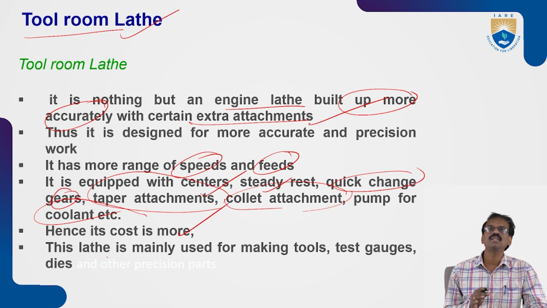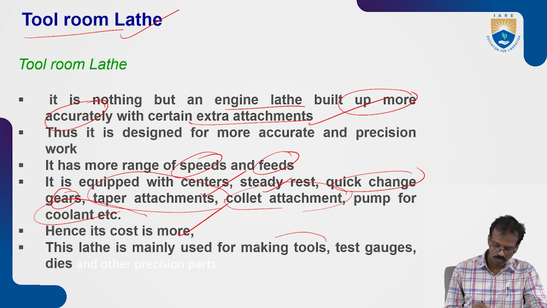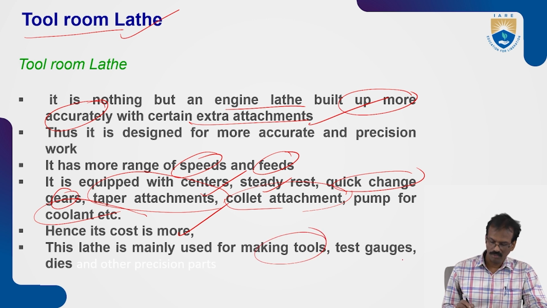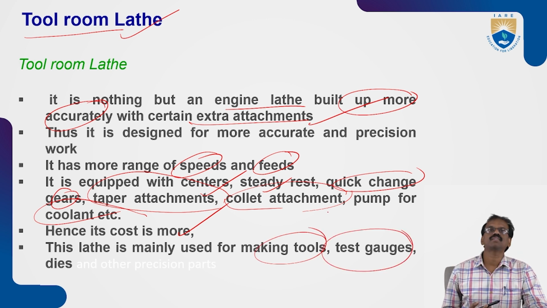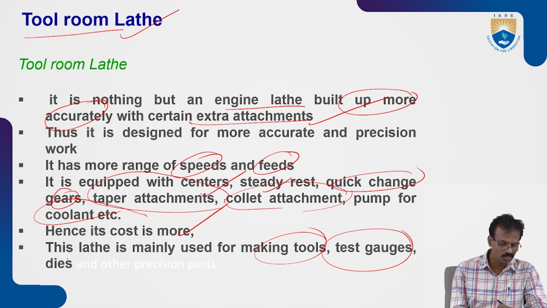This lathe is mainly used for making tools, tool bits, and gauges, some test gauges. Very high precision and accuracy are needed, so this lathe machine is used for making tools, gauges, dies, and other precision parts.